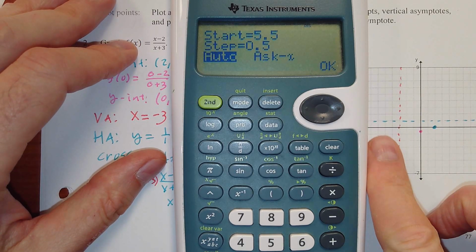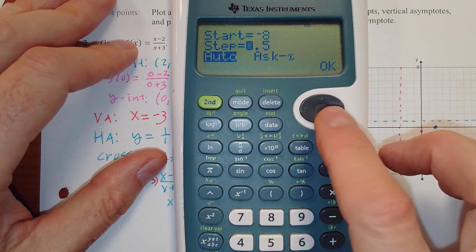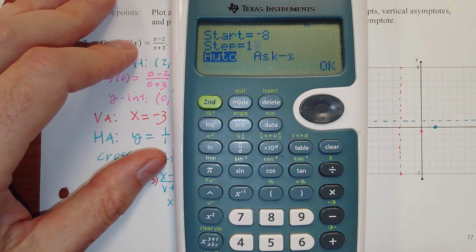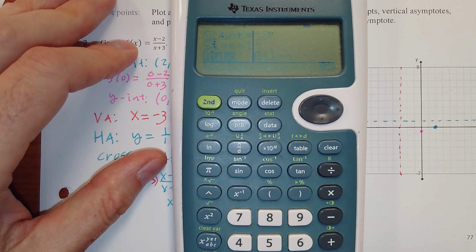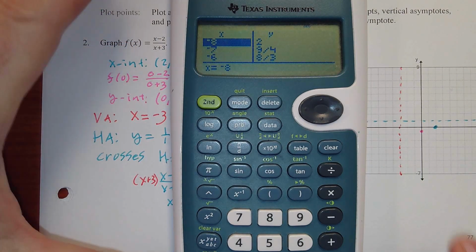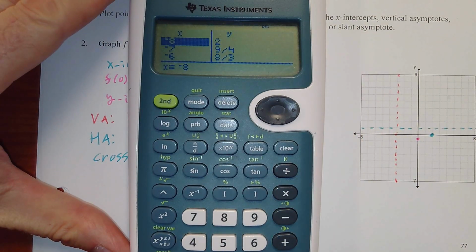And, well, let's start this at negative 8. And we're just going to do a step of 1, so it goes up by 1 each time. Okay, so at x equals negative 8, we're at y equals 2. All right, so let's put that in there.